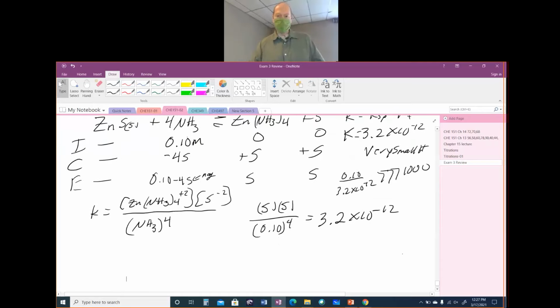All right, so then we multiply both sides by 0.1 to the fourth, and so you get S squared is equal to 3.2 times 10 to the minus 16. And then you take your square root and you get 1.8 maybe times 10 to the minus 8.